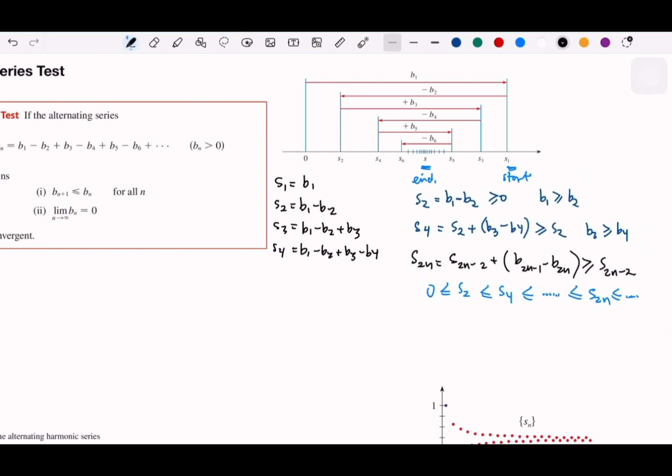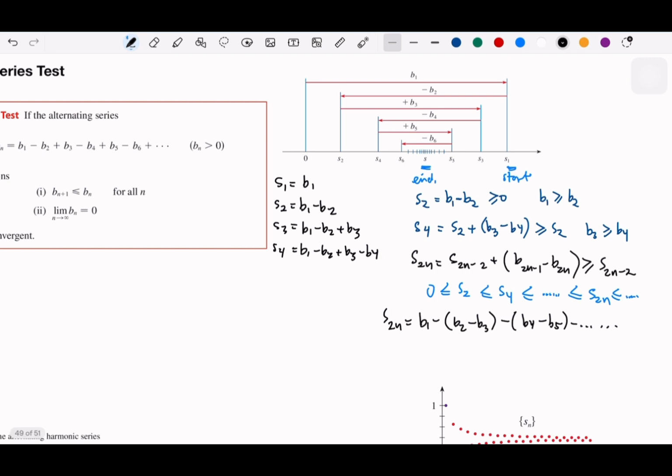We could also write the S2n as B1 minus B2 minus B3 minus B4 minus B5. So we could conjugate the terms, the two terms in between B1 and the last terms.